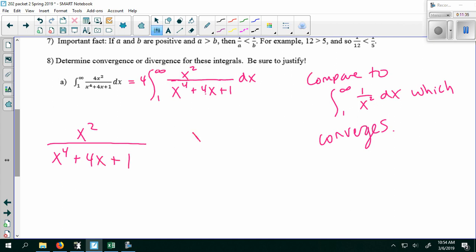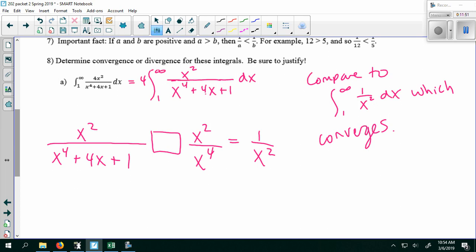I'm going to compare that to x squared over x to the fourth, because that's the same thing as 1 over x squared. My numerators are the same, so I'm trying to fill in an inequality here.